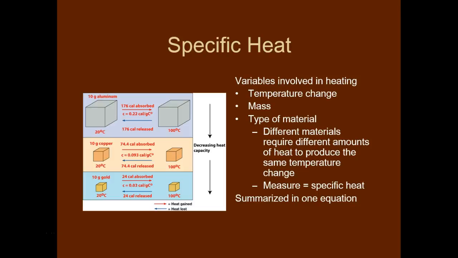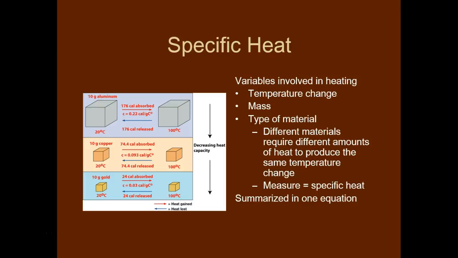So the amount of heat to raise or lower the mass of aluminum at a given temperature, now this happens to be 10 grams and this happens to be 80 degrees Celsius, is going to be 0.22 calories for every gram per every degree Celsius. Whereas if you had copper, which is a lot denser than aluminum, it's going to be a smaller amount here, and it's only going to take 74 calories absorbed.